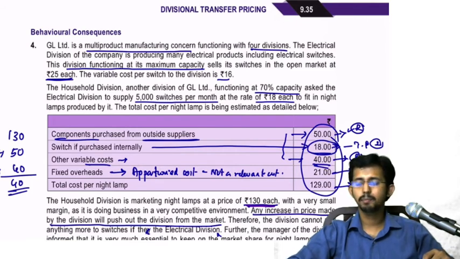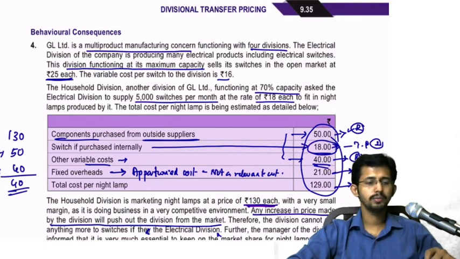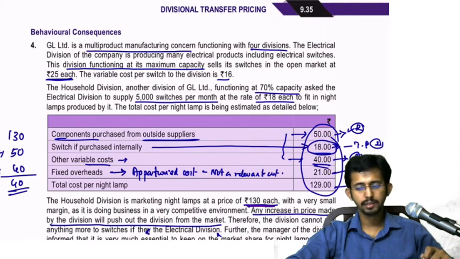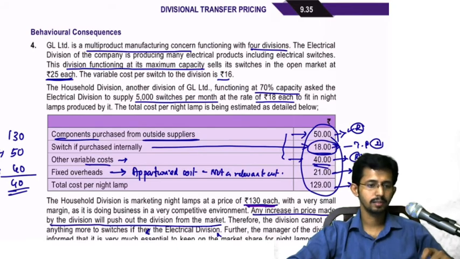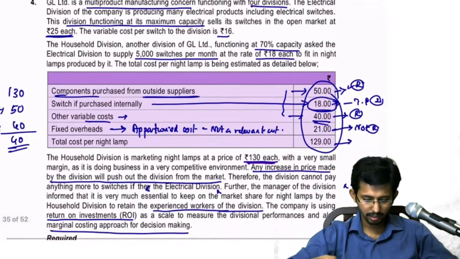Therefore the transfer price should be fixed between rupees 25 to rupees 40, as it will benefit both the divisions.